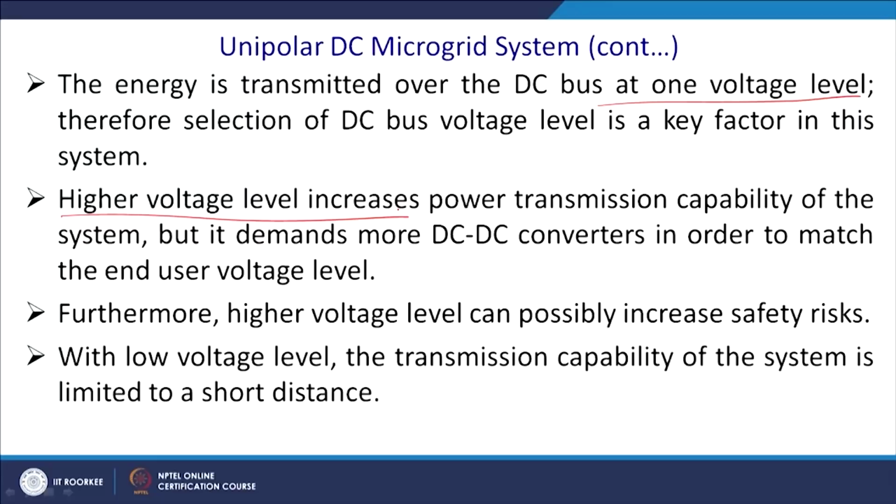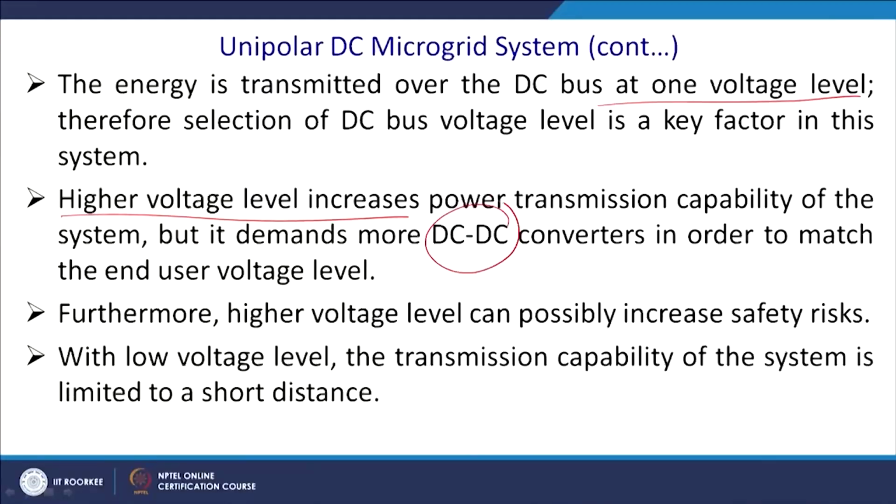It is V square by R, simple. So if you increase the voltage, the power rating goes as the square of that, but it demands more DC to DC converters. The link can be used for transmitting more power, but you may require a different level, because ultimately the utility cannot take that particular voltage level, and thus you require a DC to DC converter to step it down. Operation of a DC to DC converter is unlike a transformer.